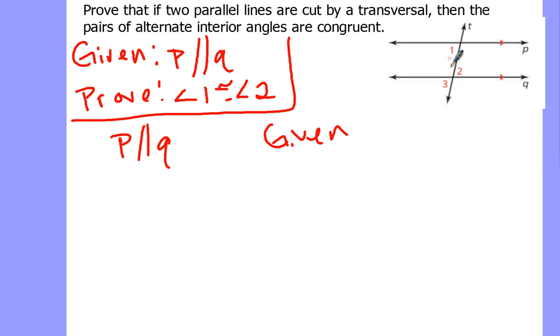So we can't use alternate exterior angles, and we can't use consecutive interior angles. We have to use only what is proven in our curriculum so far, and all we have proven is the corresponding angles theorem. We have to keep that in mind as we continue to go forward.